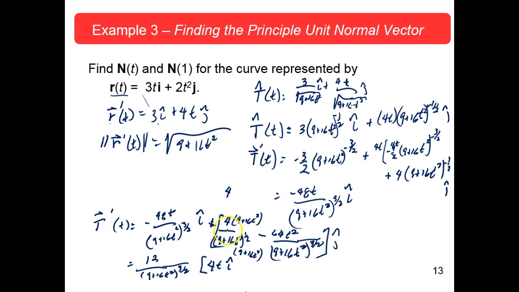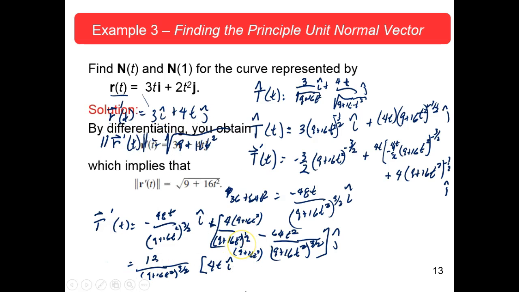Okay? Now, in the numerator, you get a 36 plus 64t squared, and this becomes your same denominator as you had before. Okay? Yuck.